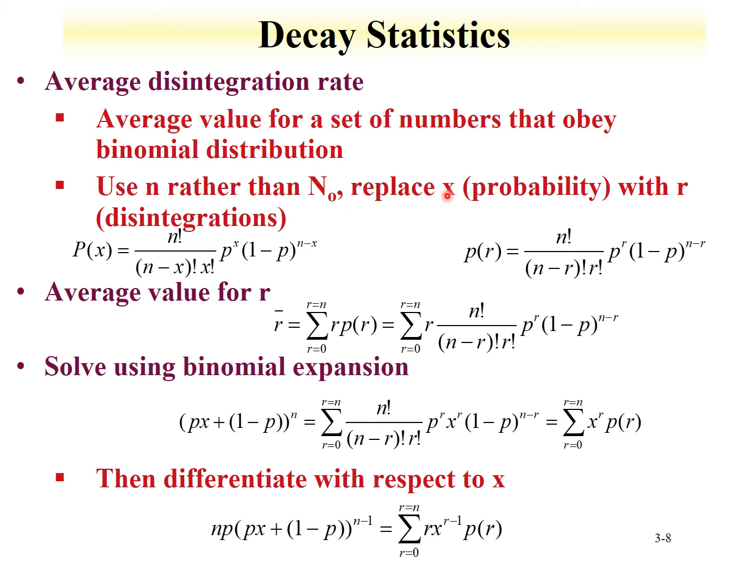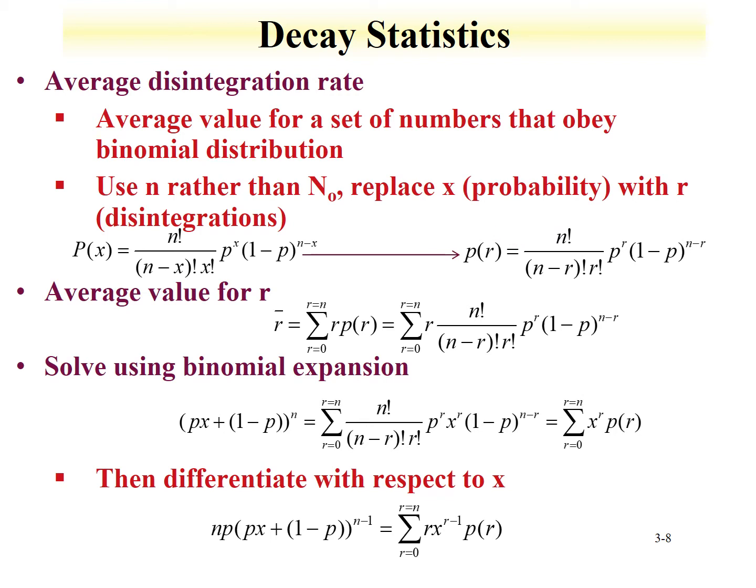And we're going to replace X, the probability, with disintegrations. So we're going to talk about how many disintegrations fall within a certain bin. We're going to expand that equation here, and it becomes this equation.